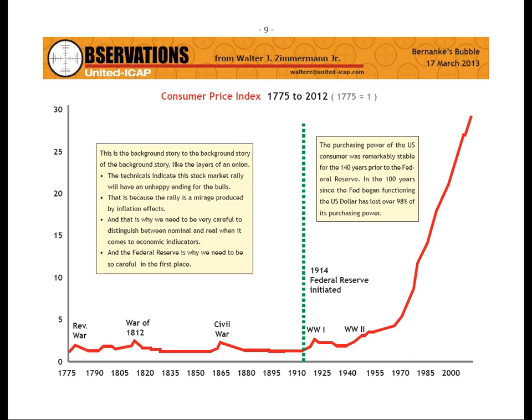But what this is showing here is the purchasing power of the average American was remarkably stable for 150 years prior to the advent of the Federal Reserve. And since the Federal Reserve came on the scene in 1914, the US dollar has lost 98% of its purchasing power. Don't think this is a coincidence. Flat, stable, reliable, out of control.